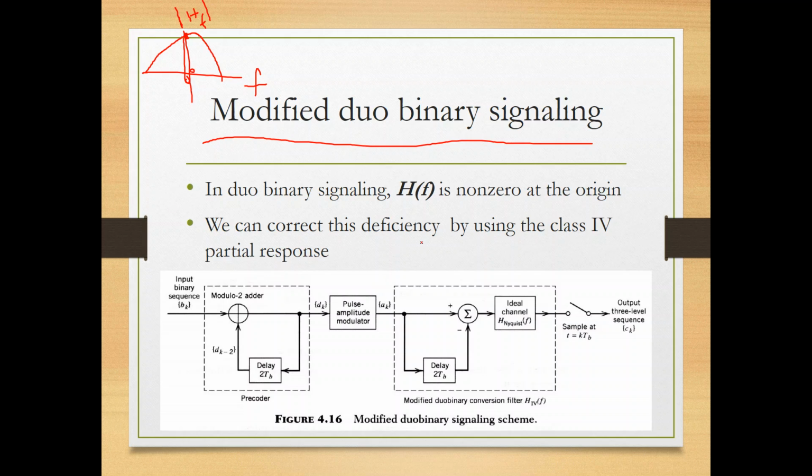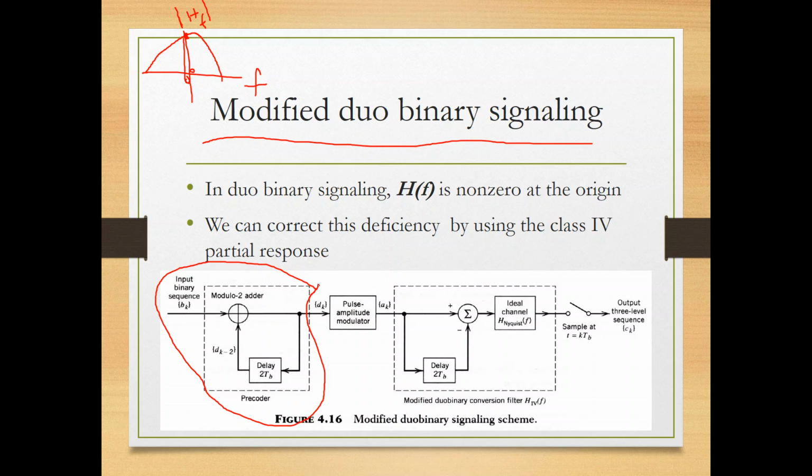We can correct this deficiency, this drawback, by using the class for partial response. So we will use a partial response signaling scheme to solve this problem. What's this partial response? You remember the first block here looks like an XOR operation.